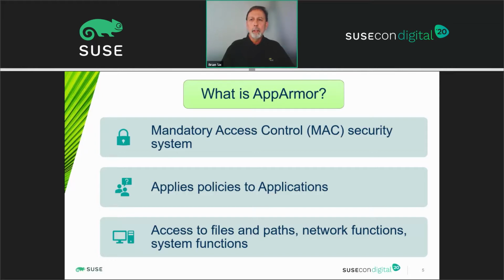So the goal for AppArmor is to give an administrator the confidence to know that if an application were compromised, the attack vector would be minimized because AppArmor is there leveraging a profile to control that application's access to the environment.